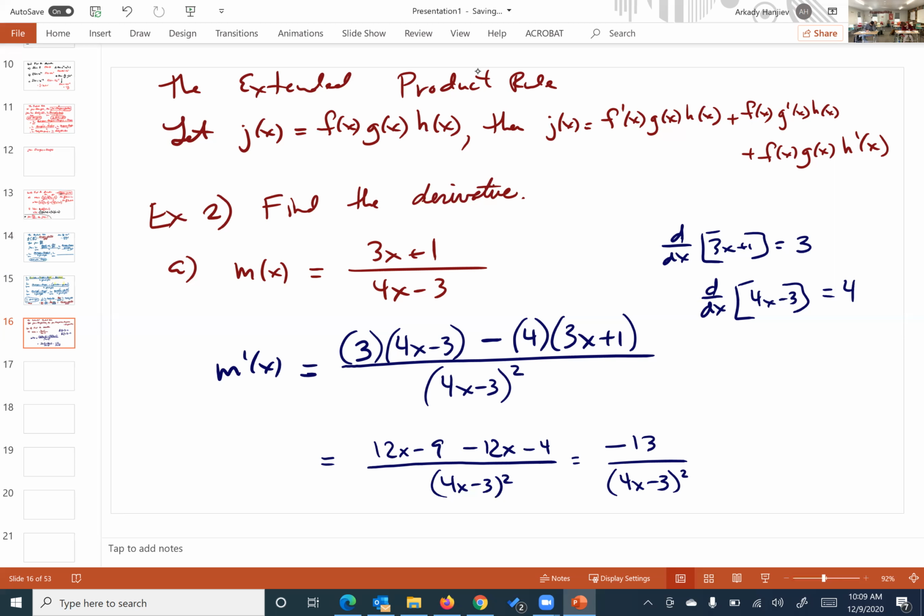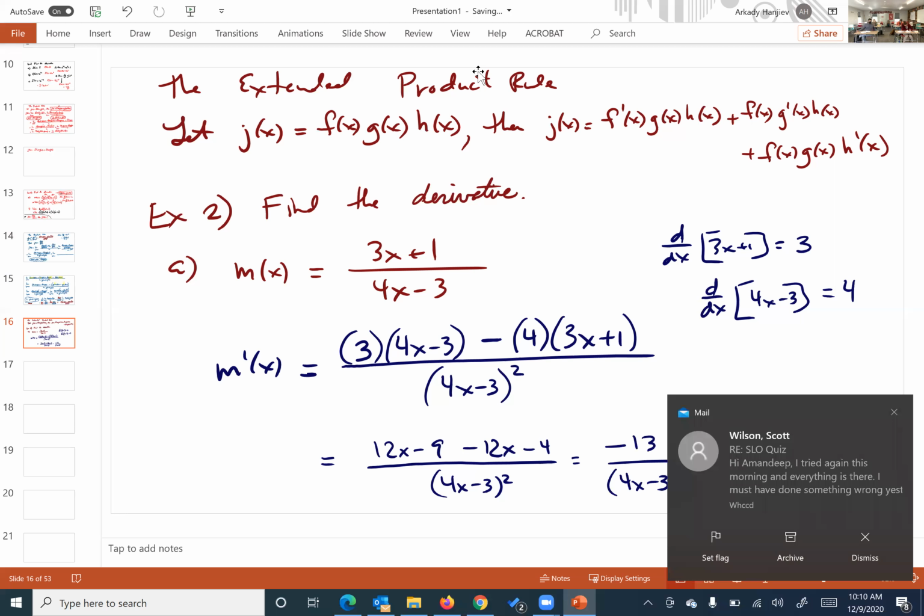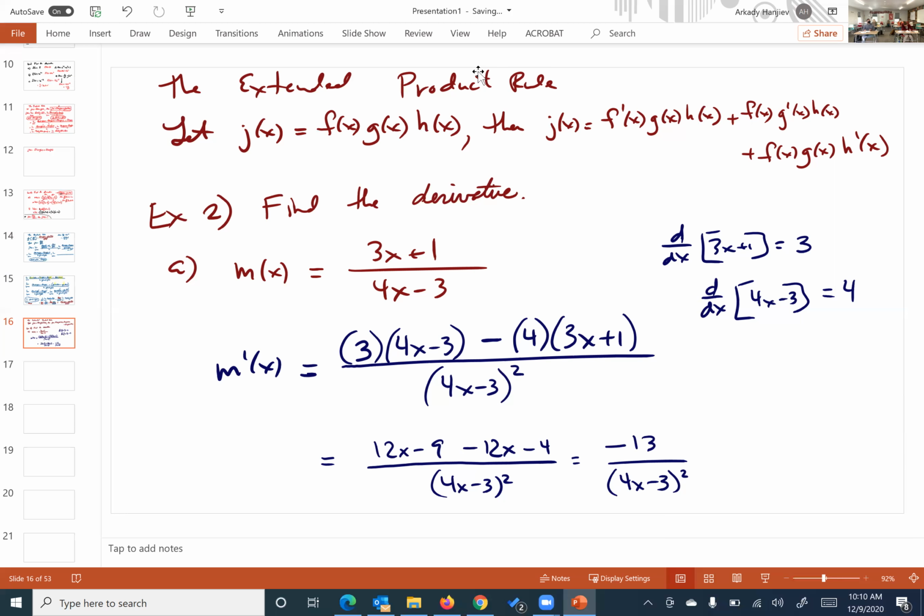Okay, fairly easy one just to get us started. Let's try a little bit more complicated, not by much. Wait, how do we know we're done there? You've taken the derivative and then you've simplified it, and that is about as much as you can get.